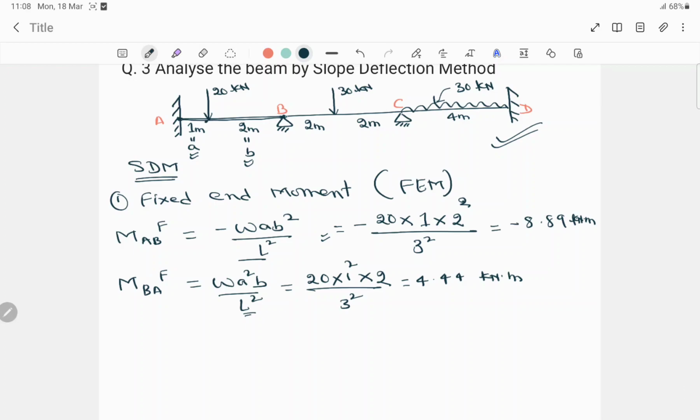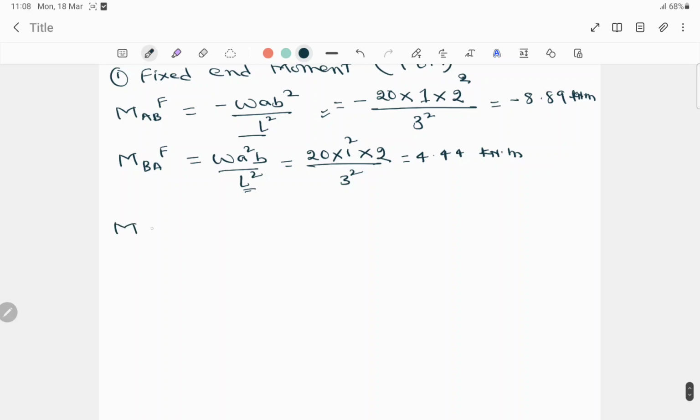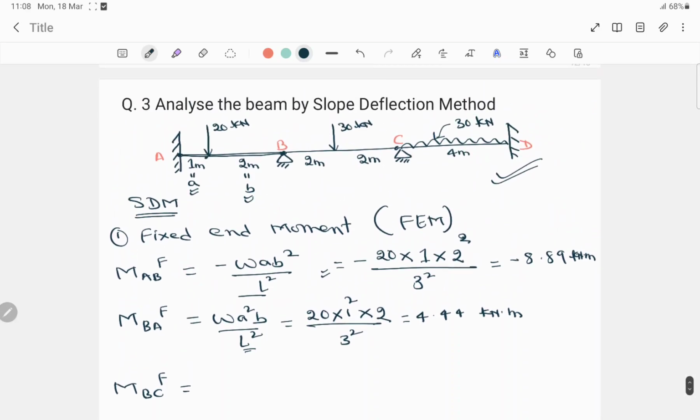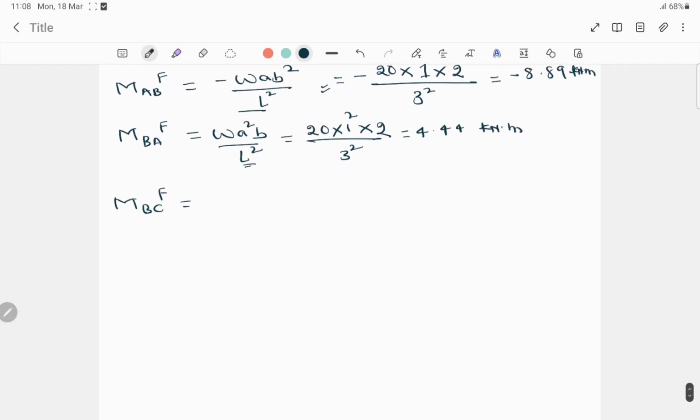Now we have to find for span B to C. The fixed end moment from B to C: here also, see, this load is acting at the mid of the span from B to C. When the load is acting like this, our formula will be WL by 8.